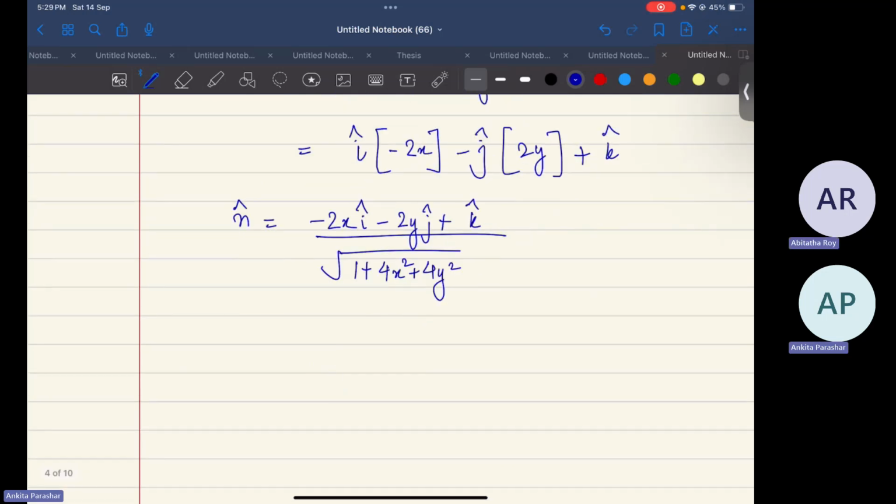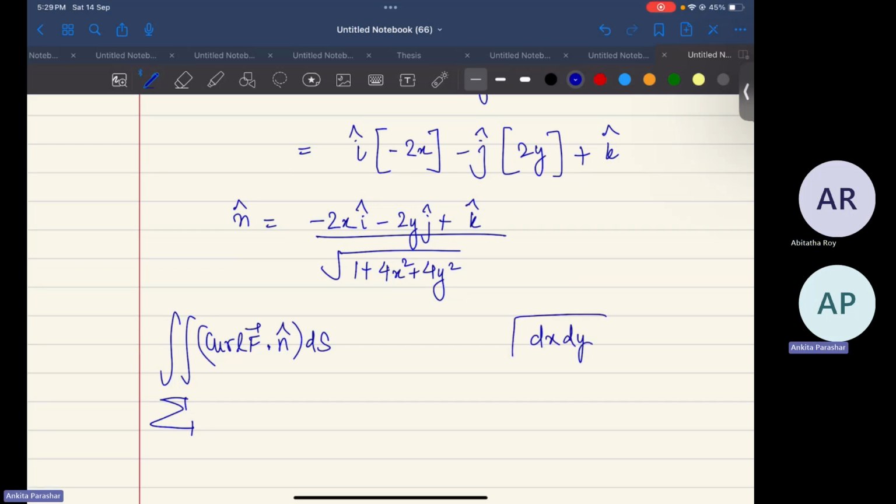Let's now compute the integral of curl f dot n ds over the surface sigma. Now, if you remember, there is a way to go from ds to dx dy. We always try to compute this with a function depending on x, y, and here is the limit for x, here is the limit for y.